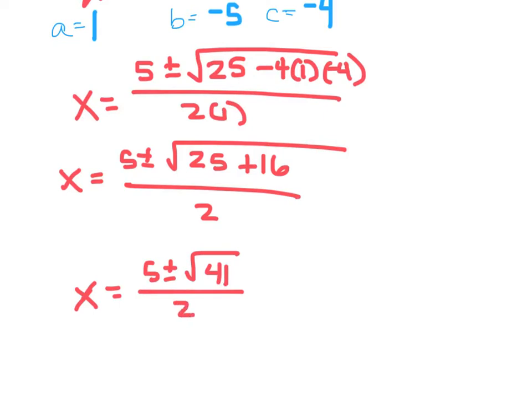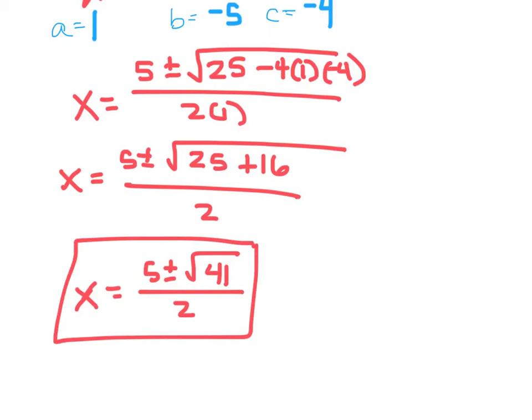And at this point we say, okay, are there any perfect squares in 41? No, this is as simplified as it can get. So this quadratic has two solutions, 5 plus the square root of 41 over 2 and 5 minus the square root of 41 over 2. So these would be the x-intercepts of this quadratic.